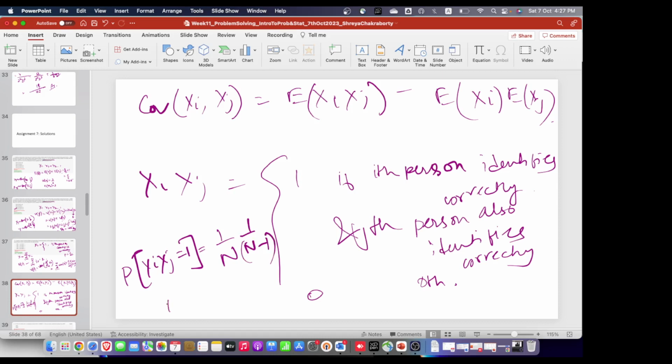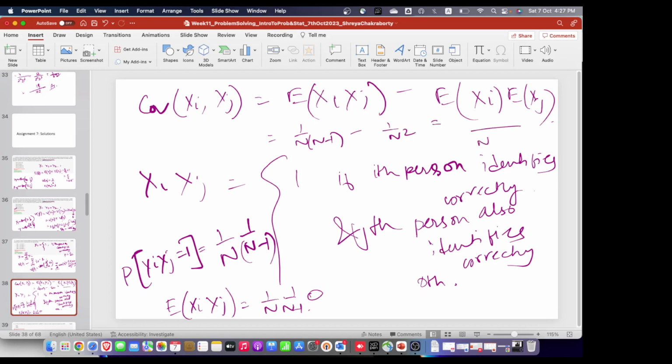This is the only catch. So expectation of Xi Xj is 1 by n into 1 by n minus 1. So we just have to substitute these values to get the covariance terms. So here if I substitute, I would have 1 by n into n minus 1 minus 1 by n square.